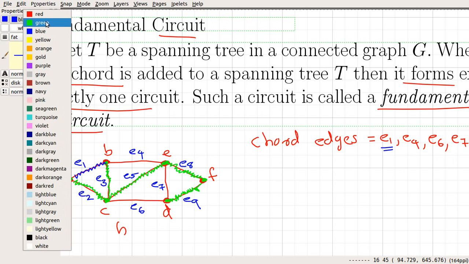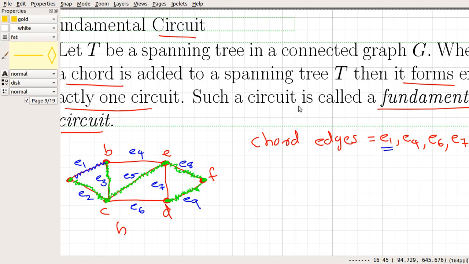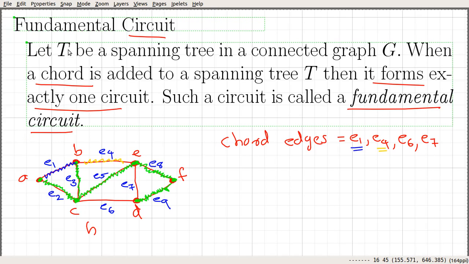Similarly, if you add E4, we get a unique cycle, and the same thing is with E6 and E7. So that's what a fundamental circuit is.